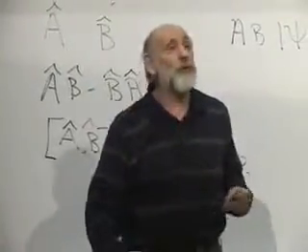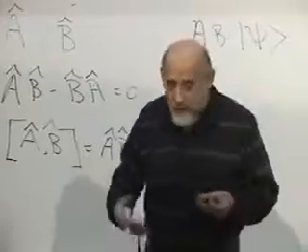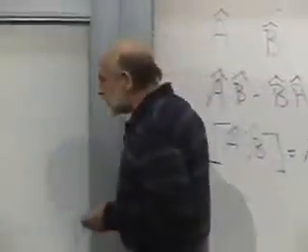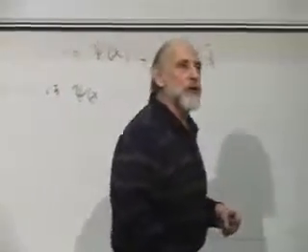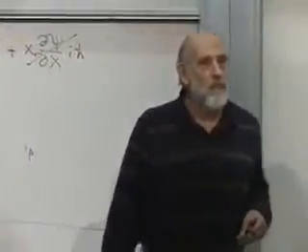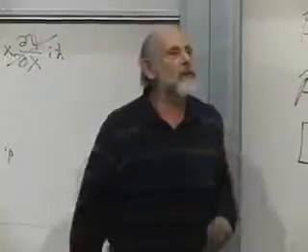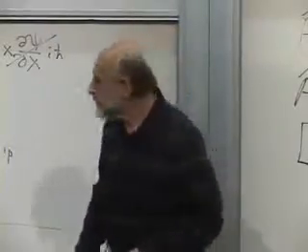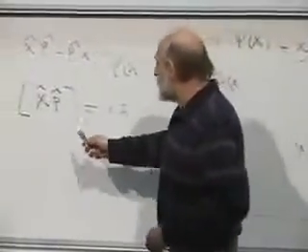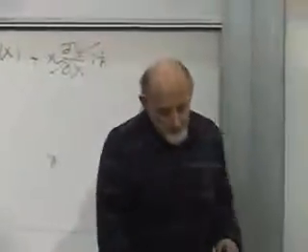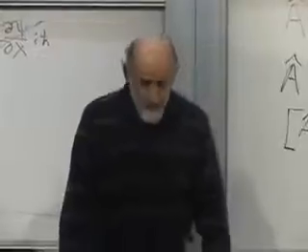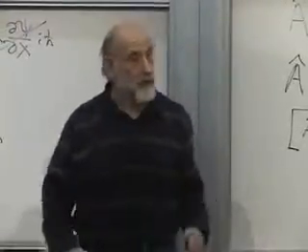Well, that just tells you there's no information in the commutator. I mean, the commutator is not an interesting observable. Every time you observe it, you get the same number. So it doesn't tell you anything about the system. I'm talking about thinking of this as an observable. It doesn't tell you anything about the system when you measure it. xp minus px is always equal to i h bar.